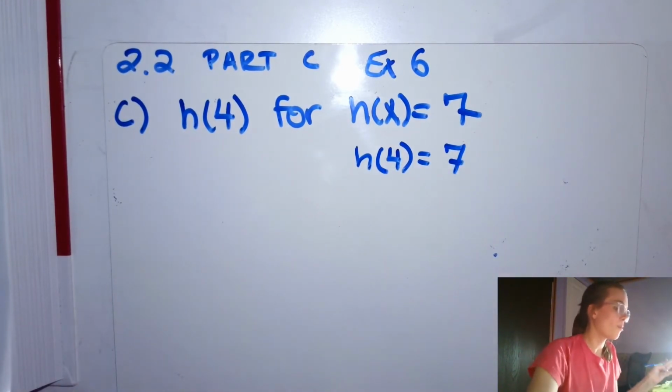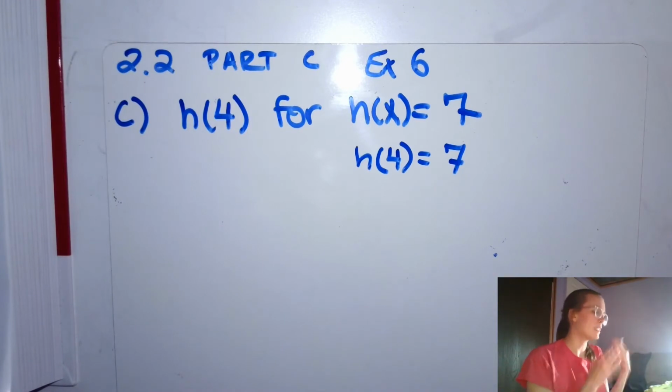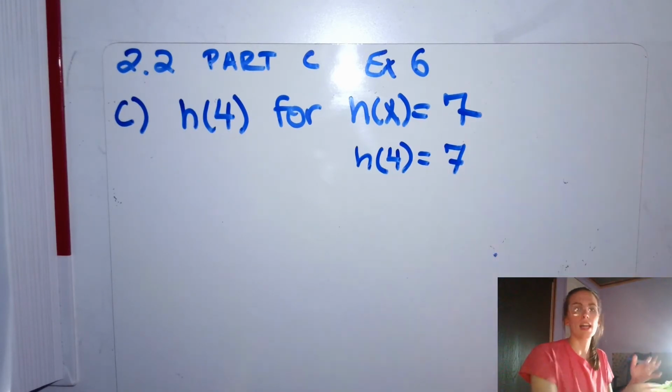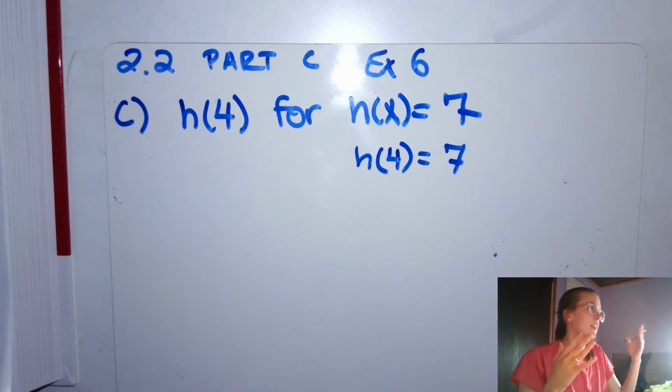Technically we're still plugging it in, but no matter what you plug in, this function is always 7, because there's no x, it's not times x or plus x times 4 or something like that.